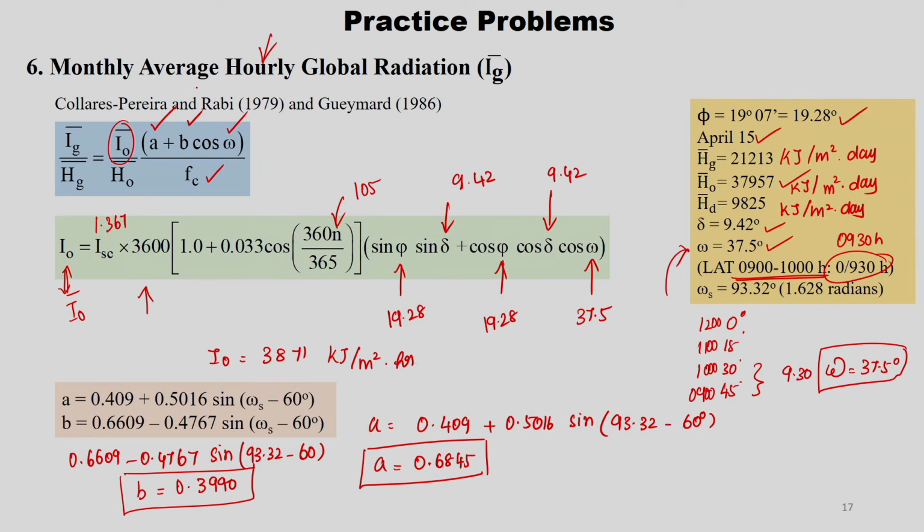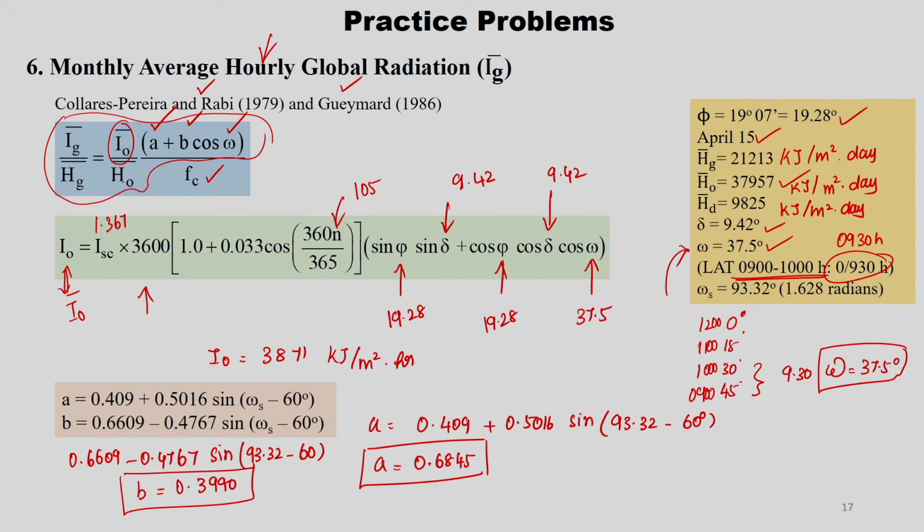We got A and B, and we need to calculate one more correction factor, Fc. Two researchers, Collares-Pereira and Rabl, said that Ig upon Hg is equivalent to I naught upon H naught into A plus B cos omega. They proposed this particular correlation. Always remember, whenever I say Ig, Hg, I naught, H naught, there is a bar on them, meaning monthly average.